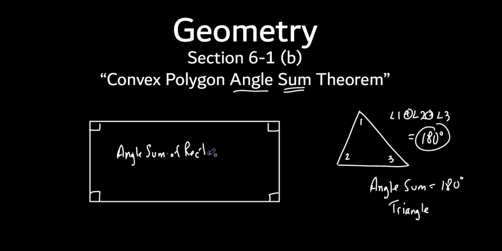What am I asking you to do? You got it. Okay, add them up. 90 and 90 is 180, and this 90 and 90 is what? 180. So you add 180 and 180, what do you get? You get 360 degrees.